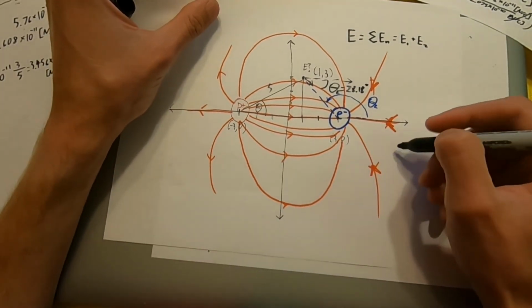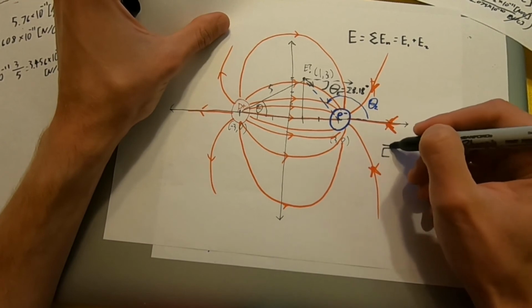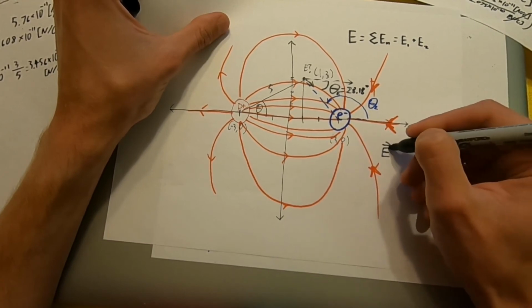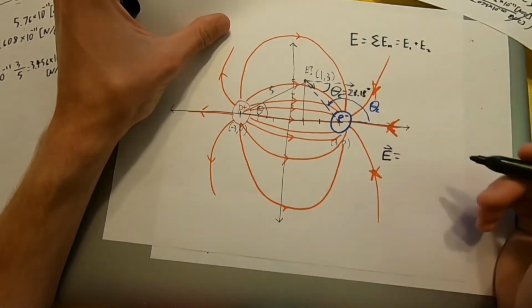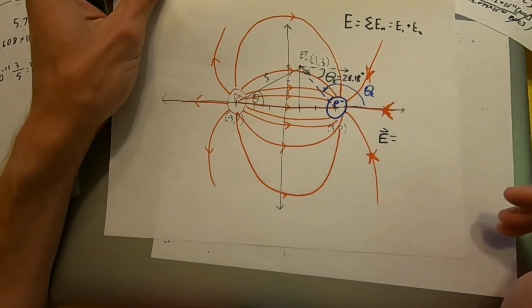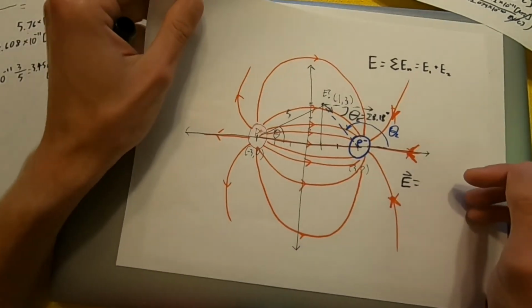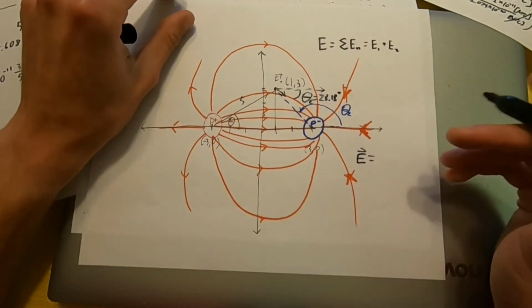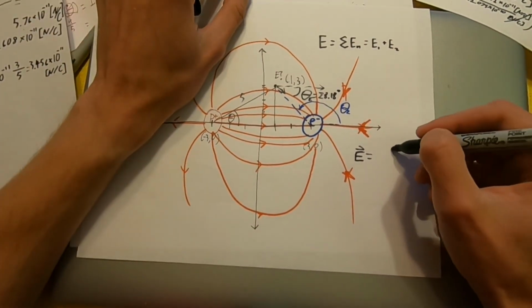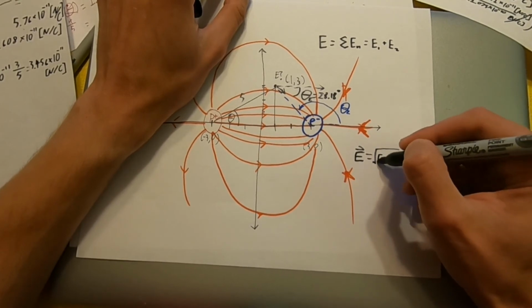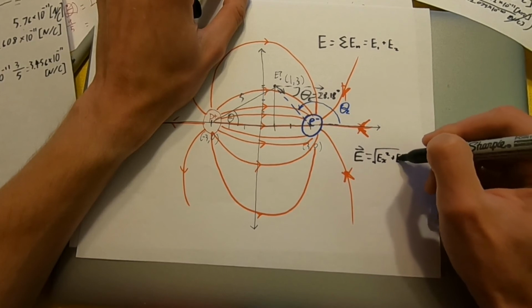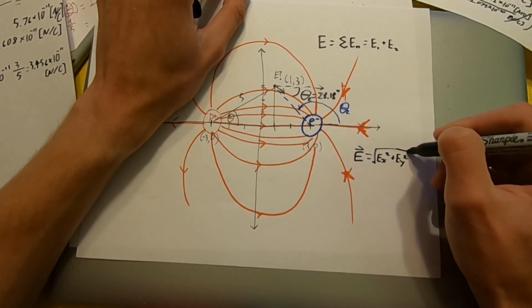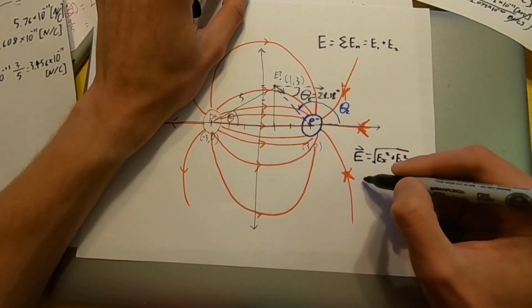What is the magnitude of our field at this point? Our magnitude is going to be equal to the square root of Ex squared plus Ey squared. Again, we're just doing the Pythagorean theorem here.